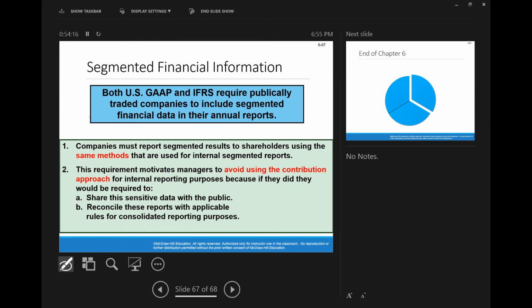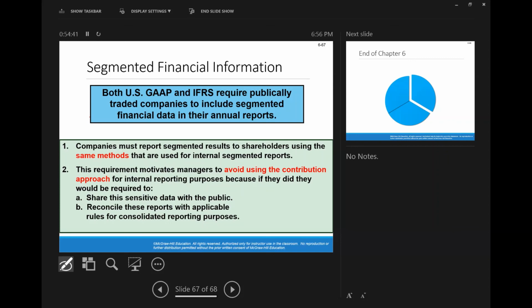And it says companies must report segmented results to shareholders using the same methods that are used internally. So if I'm doing my financial statements by contribution margin internally, then I have to present that. I have to show the investors this is how we're looking on the reports.